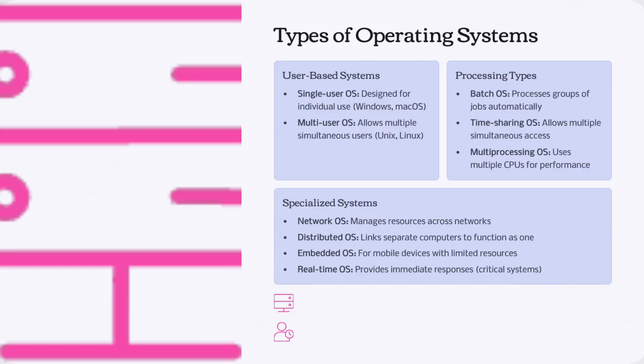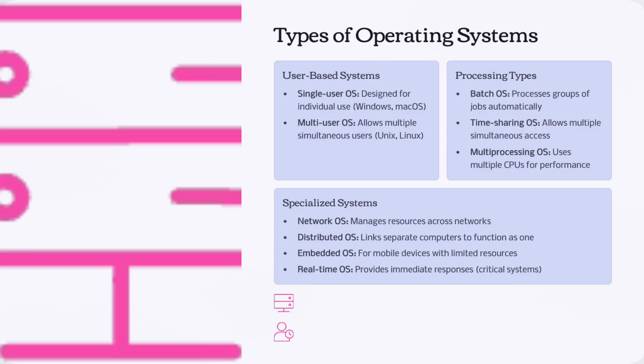Types of operating systems. Operating systems differ by user model, processing type, and specialization. For instance, a single user operating system like Windows serves individuals, while a multi-user operating system like Unix allows simultaneous users.